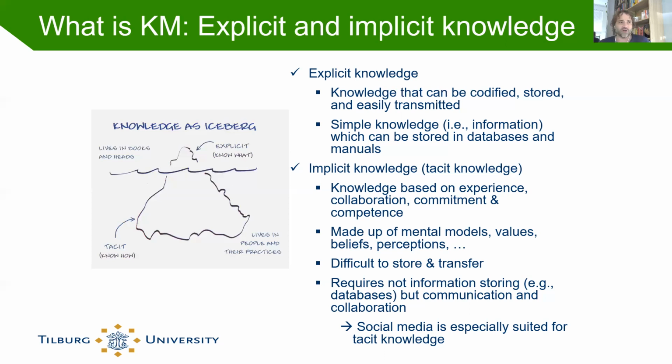So tacit knowledge is knowledge based on experience, on collaboration, commitment, and competence, basically because you are part of an organization and a team. Think things like, okay, I know that he is better in this part of the process of writing a paper, and that person is better in another part of the process. If I have a problem with my computer, I know where to go in the organization. So I will not go through the official channels, but I know that there's someone who will help me.